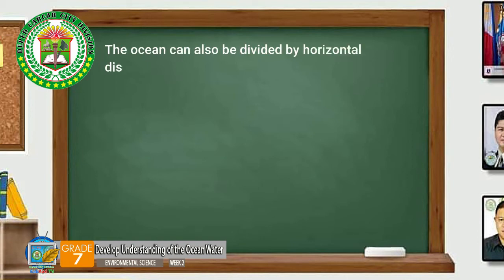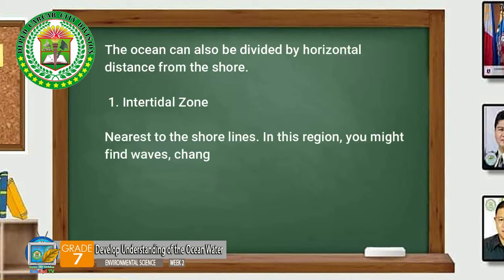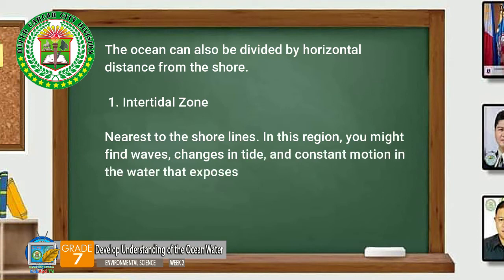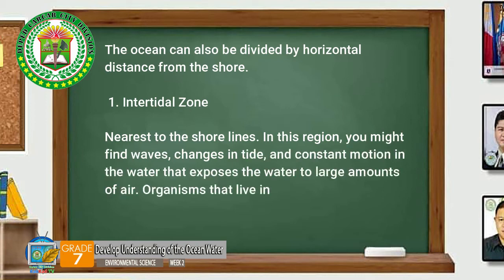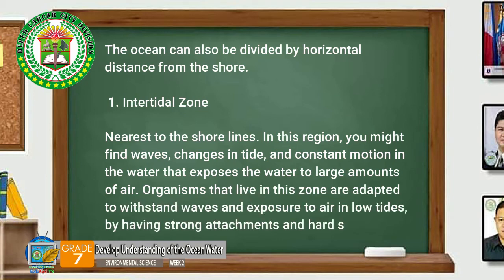The ocean can also be divided by horizontal distance from the shore. First, we have the intertidal zone. It is nearest to the shorelines. In this region, you might find waves, changes in tide, and constant motion in the water that exposes the water to large amounts of air.